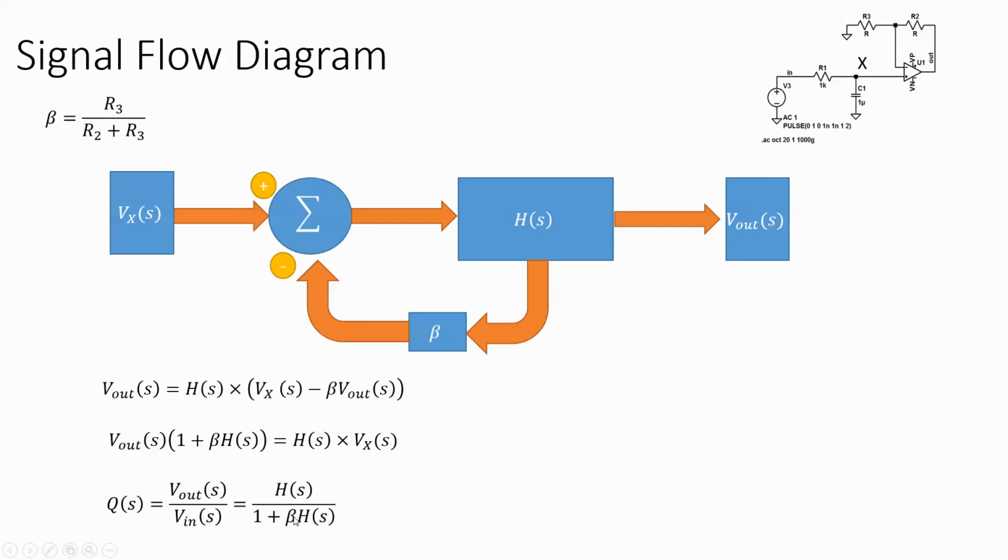Now in the book, beta can be a transfer function of itself, and sometimes they'll call it G(s). So in this case, G(s) isn't a function of frequency, it's just beta. So I don't have to rederive this every time. I can just use this system model, identify, oh, H(s) is this, beta is that, and then set up my equation and just plug in various values of H(s).